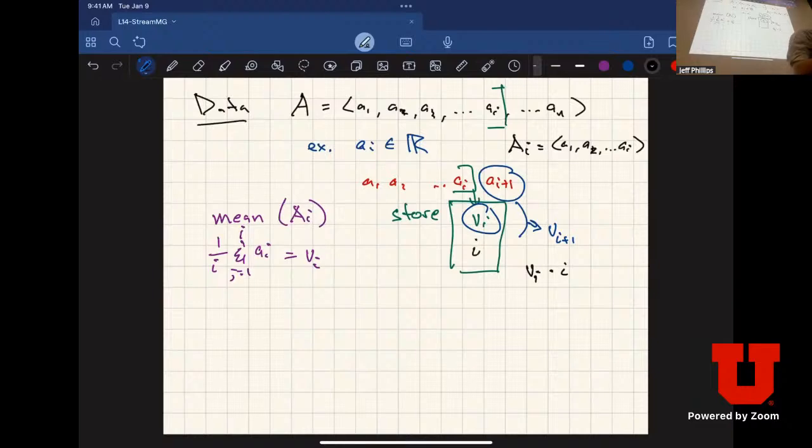So let's put i inside the memory too. So I'm also updating it. Okay, so v times i, plus Ai plus 1, and divide that whole thing by i plus 1. Yeah, so this will work. This is great.